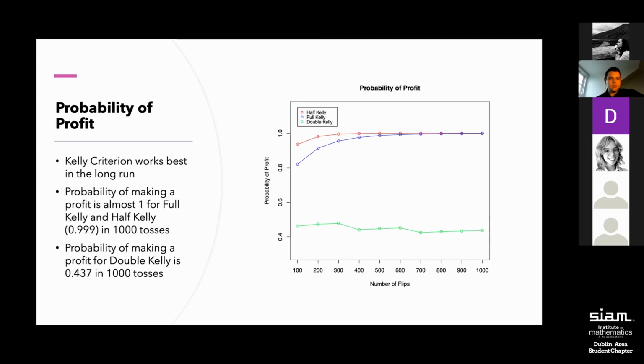This means that if you use either of these two strategies, you can almost guarantee that you'll make some sort of a profit. Whereas for double Kelly, the probability is much less, only around 44%. This shows that in the long run, if you overbet and use a fraction of Kelly that is too high, you have a higher probability of losing money.